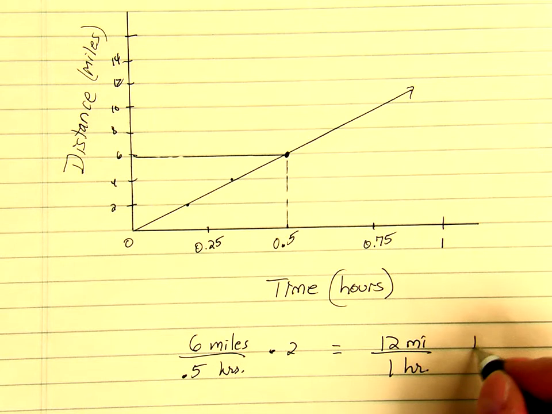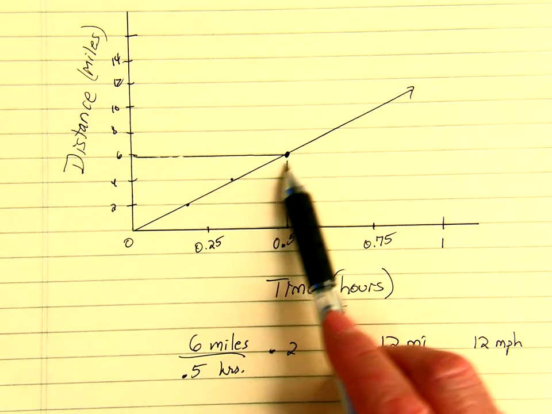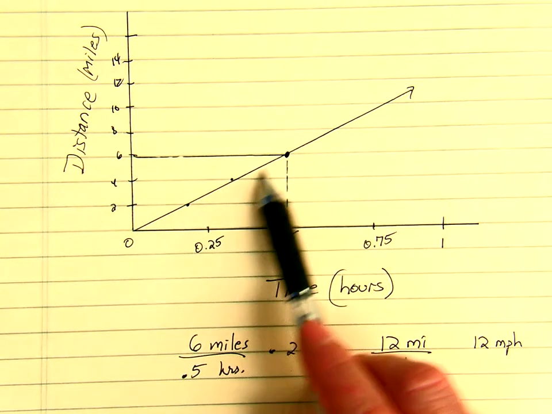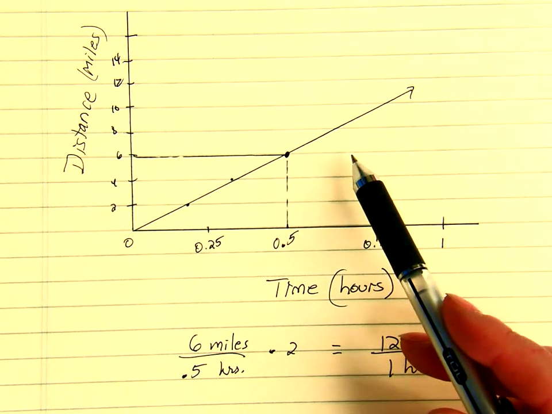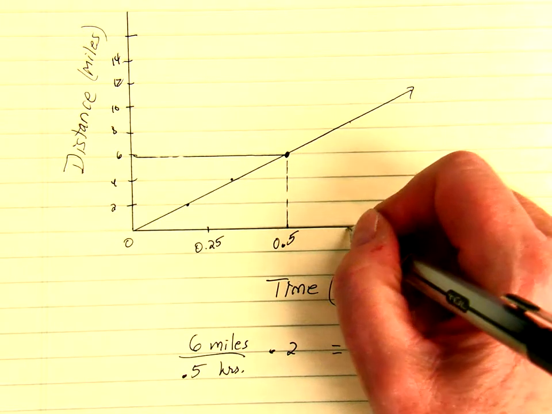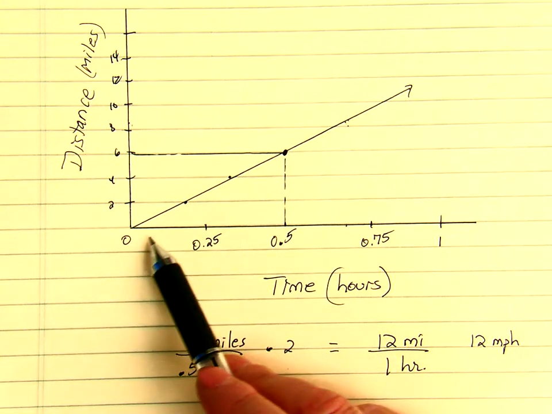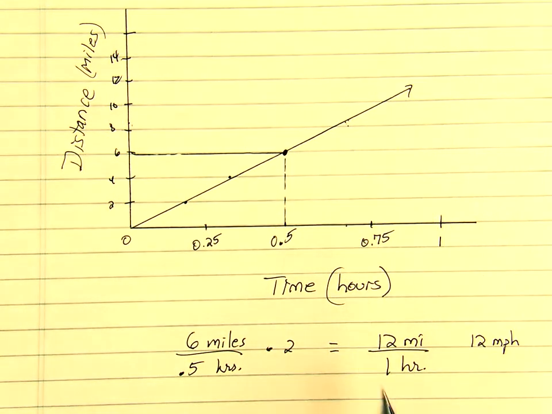So this is 12 miles per hour. 12 miles per hour is how we would very often see it, but it's 12 miles for 1 hour. Okay? So it's taking data off of a graph that we have. Now, remember, this is a bike ride at a steady rate. Notice I draw a solid line, because at any point along this graph, you have an associated time and distance. Okay? So this is continuous data.